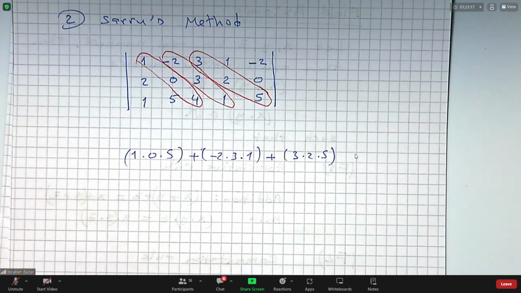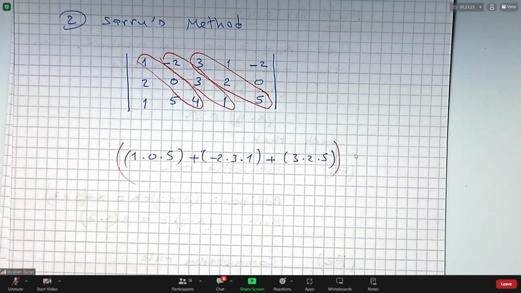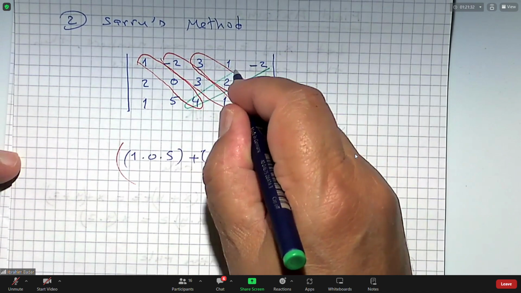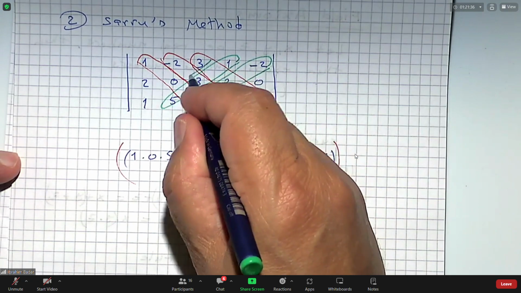Okay, so this is the right-hand side of the first multiplication, and I'm going to subtract this from the result of multiplying out these falling diagonals.